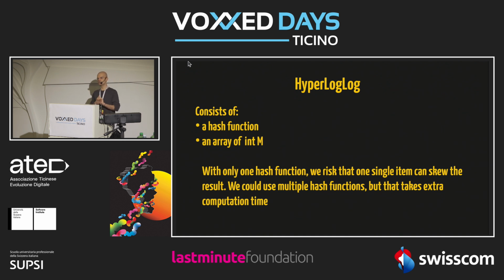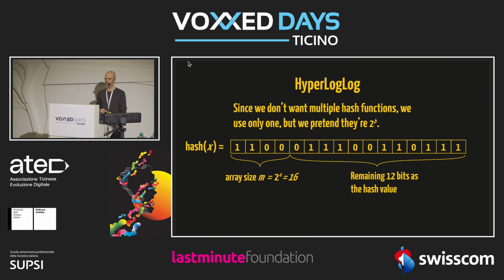Instead of using just one hash function, we could use multiple ones, but that's a waste of time. So it uses a clever way to use just one hash function, but distribute it as if they were multiple ones. Let's say that the hash function returns a 16-bit number.